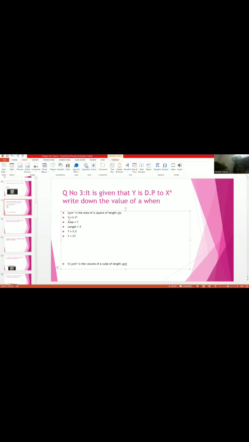So initially we have y is equal to kx^n, and here I have y is equal to x square. As you know, both y's are the same, so we just cancel them out, and this means kx raised to power n is equal to kx square.